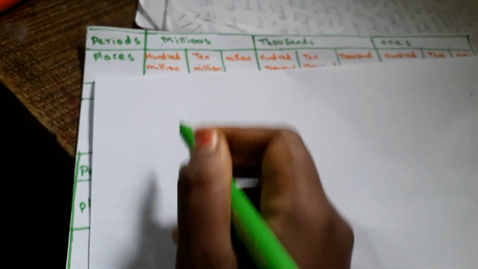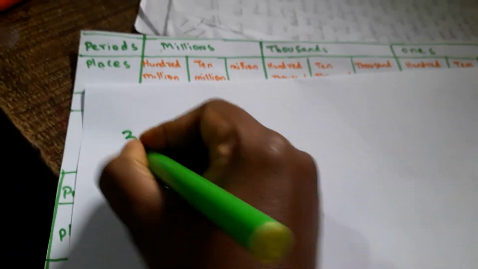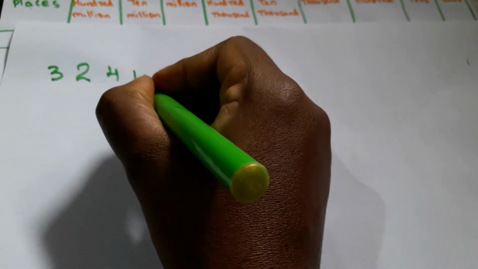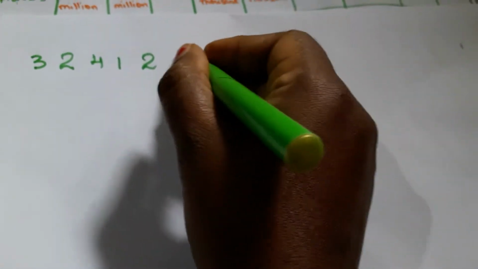Now I'll take one simple example: 3 2 4 1 2 5 6.